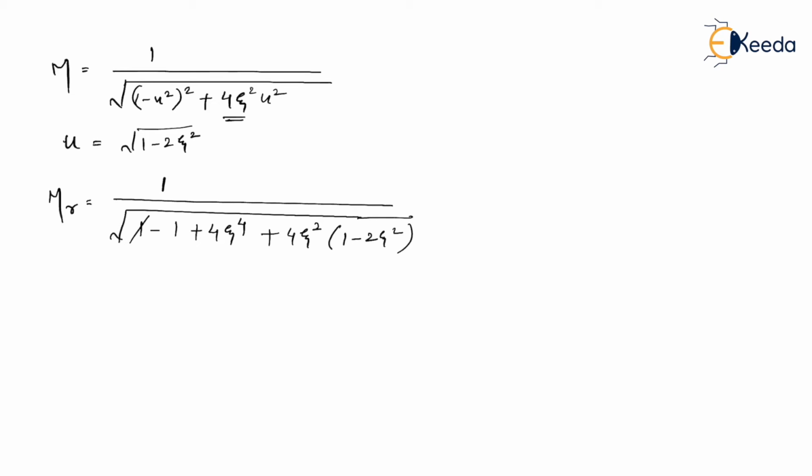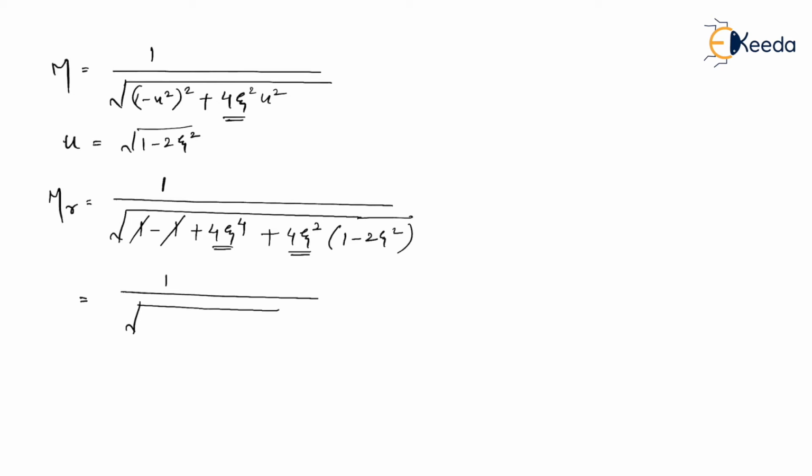So here as you can see, 1 gets cancelled. Now what is remaining? Let us write. It is 1 over under root of, so what is the first term we have? It is 4 zeta to the power 4. Then we have 4 zeta square, and 4 twos become minus 8.